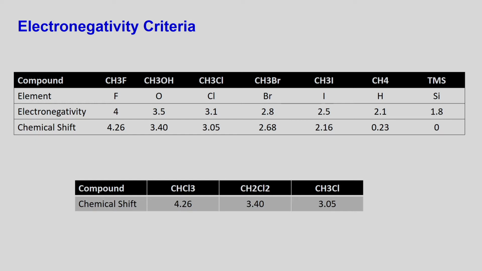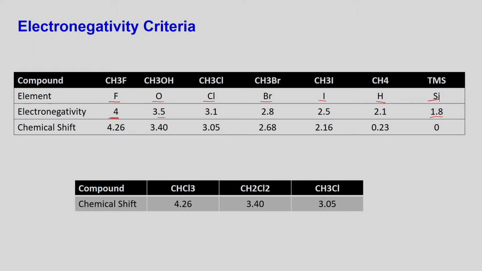Now suppose we see compounds comprising different electronegative atoms: fluorine, oxygen, chlorine, bromine, iodine, hydrogen, silicon. In the electronegativity scale, these are assigned as 4, 3.5 like that. The electronegativity reduces and it goes to around close to 1.8 in the case of silicon.